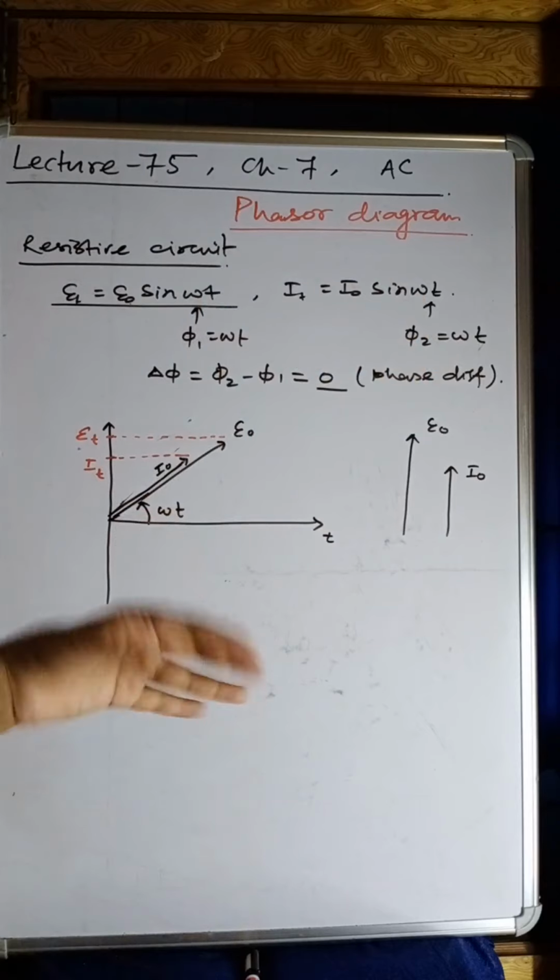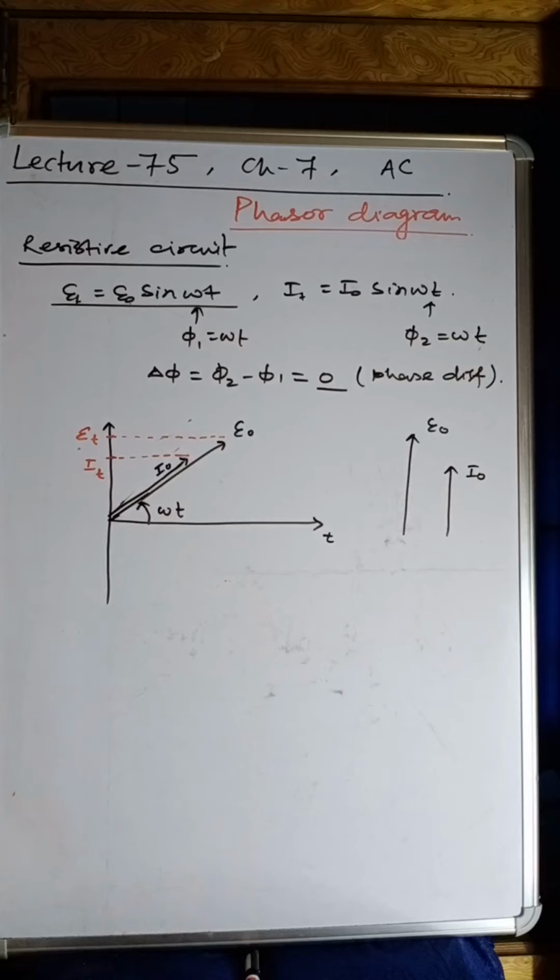Now in the same way you will plot the phasor of different circuits. I hope you understand how to represent the phasor. Now we are moving to the next topic: AC applied through an inductor, that is the pure inductive circuit.